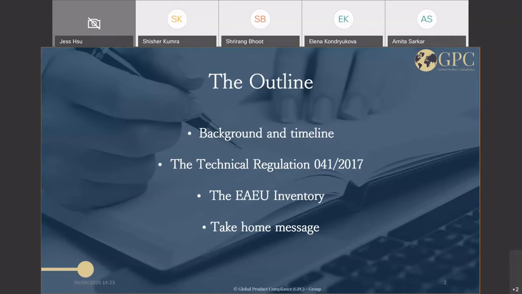Then we are going to look closer and more in detail at the regulation and different chapters of this regulation. Afterwards, we are going to mention the EAE inventory and what part it plays in the regulation. And finally, everything is going to be wrapped up with the take-home message.